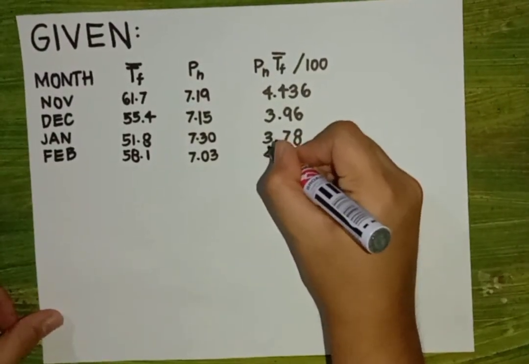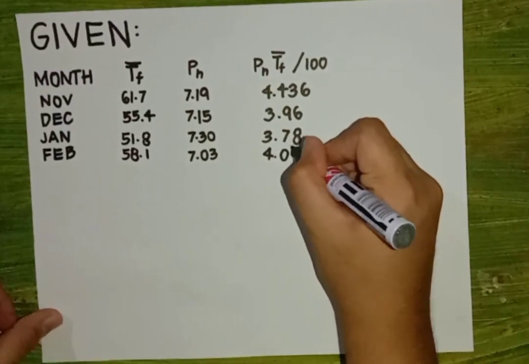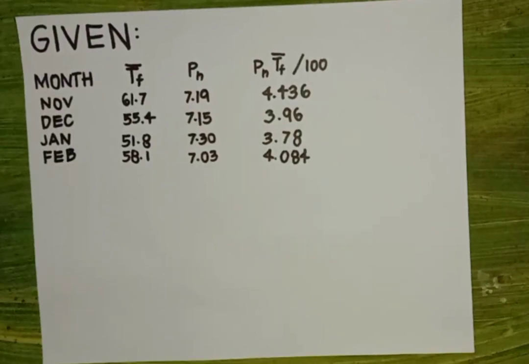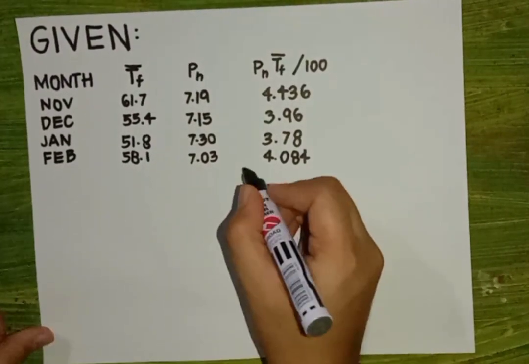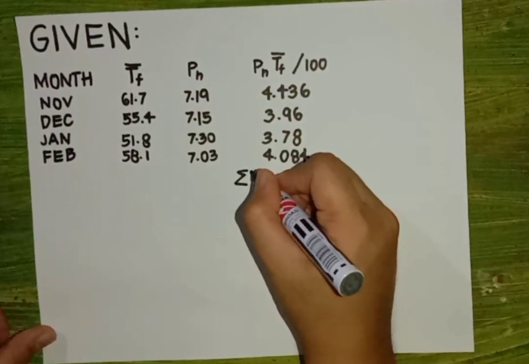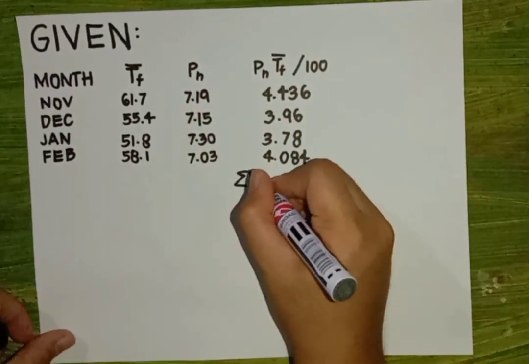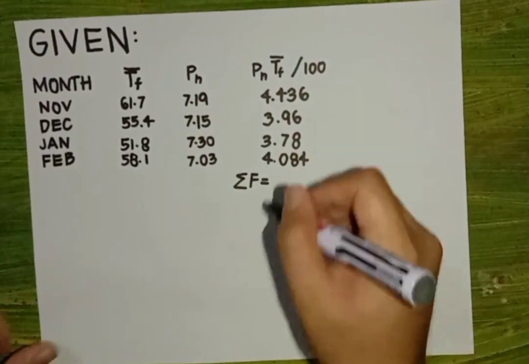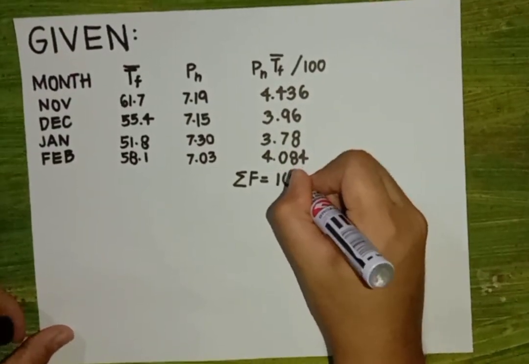For the month of February, we will obtain 4.084. The summation of P sub H times T sub F divided by 100 is equal to F, which is 16.26.